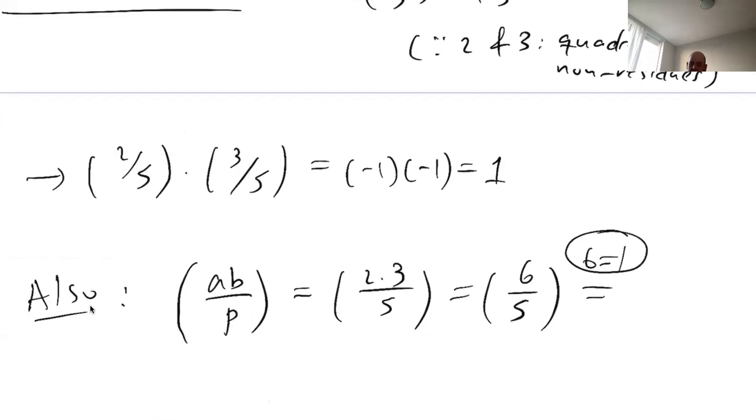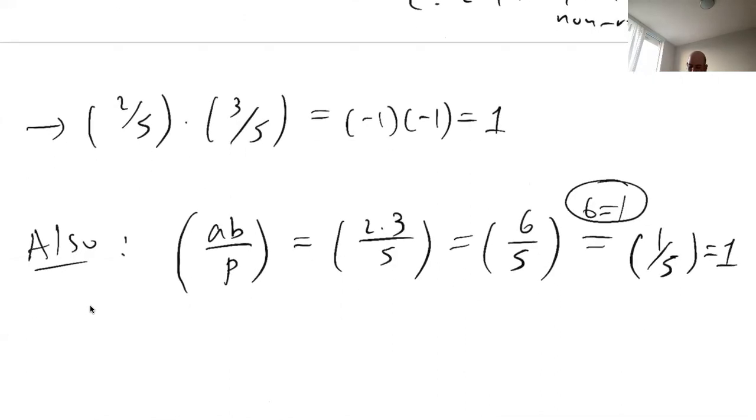In Z5, 6 is the same as 1. So this is the same as 1/5. And 1/5 is 1 because 1 is a quadratic residue. 1 is, of course, 1 squared, and any number squared is a quadratic residue.